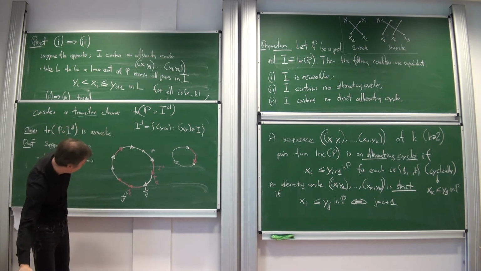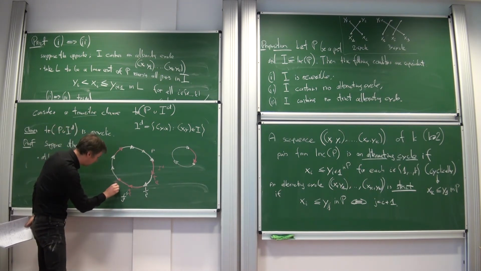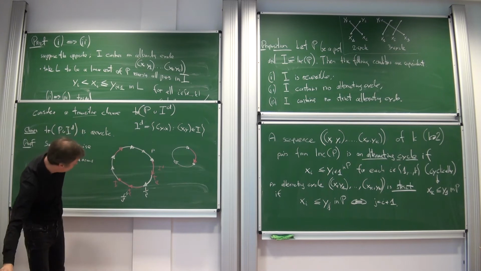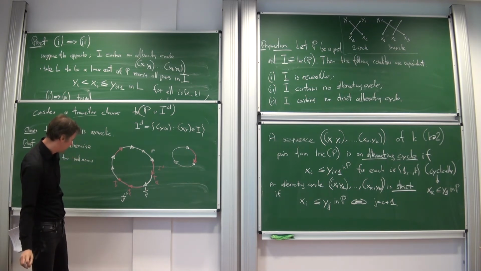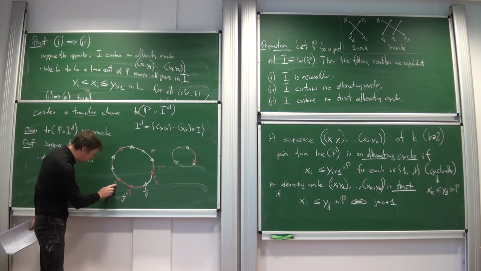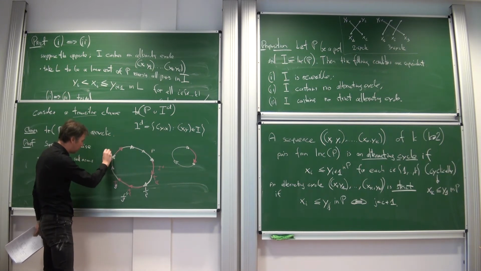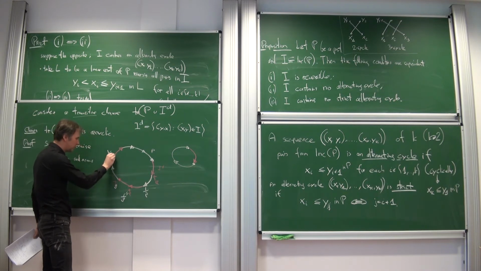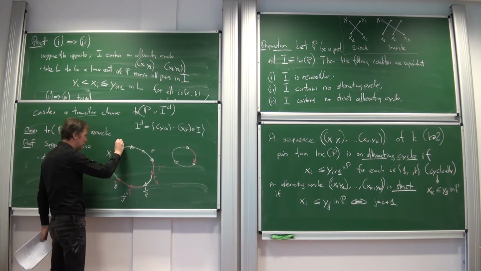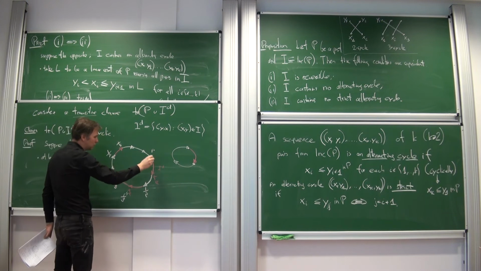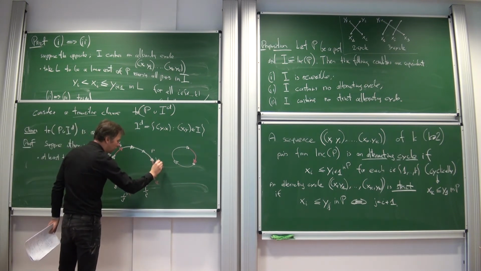And then we have x3, which is below y4 in the poset, as witnessed by these edges. And this is x4, which is below y1.